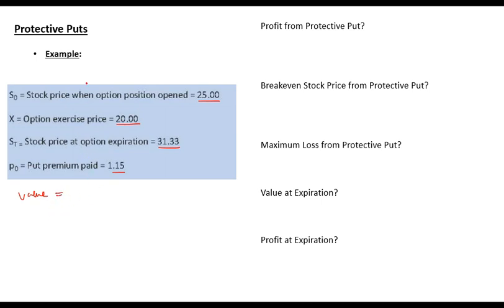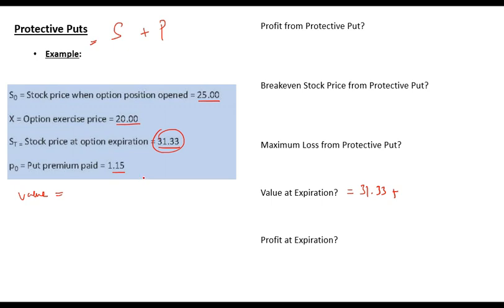So value will be the value of stock and the value of put option. What is the value of stock? 31.33. And what is the value of put option? 0.